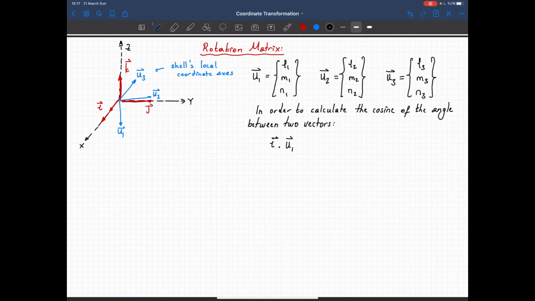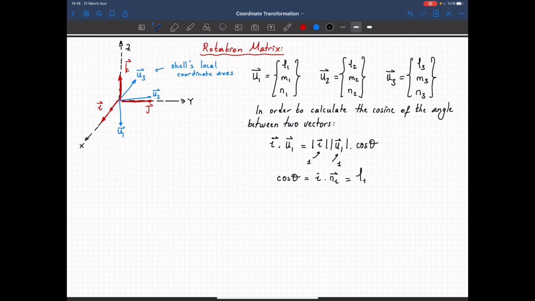I just calculate the dot product, and that will be equal to the norm of I, norm of U1 multiplied by the cosine of the angle in between, and that's equal to 1. Cosine theta will then be equal to I times U1, and since I has the components 1, 0, 0, it will directly give me L1.